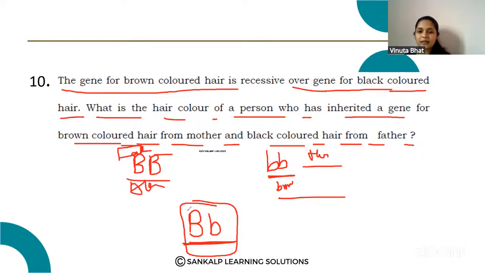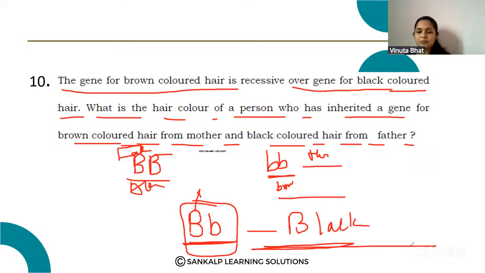Why black colored hair? Because the capital B gene is dominant over the small b gene. So what is the hair color of the person? Here, the hair color of the person is black.